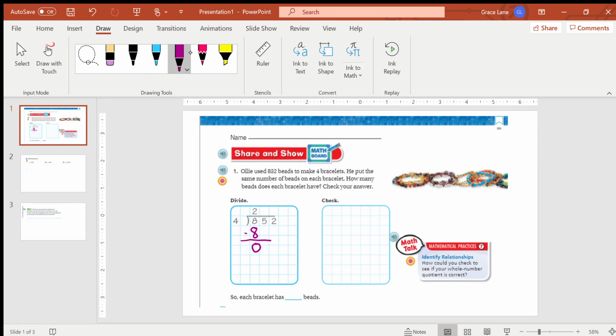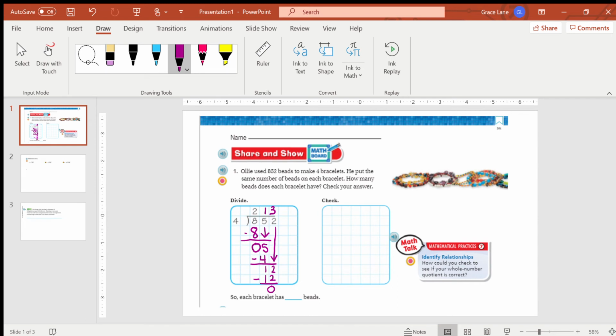You get 0, so we're going to bring the 5 down. 5 divided by 4 is just 1. 4 times 1 is 4. I'm running out of room. Bring the 2 down. 12 divided by 4 is 3. All right, so my answer right now is 213.